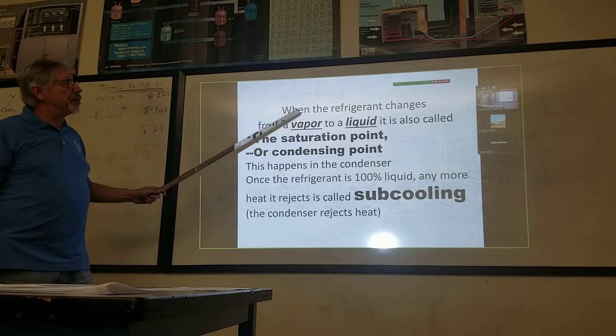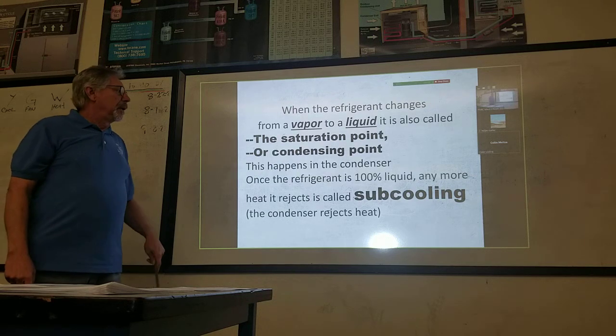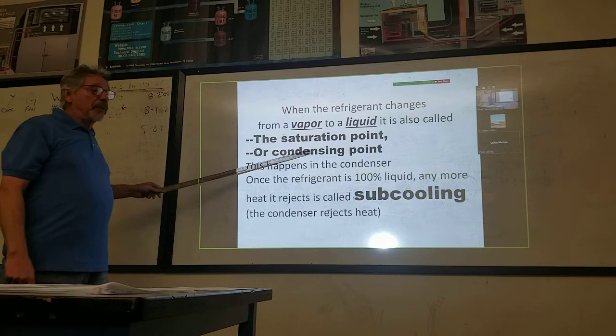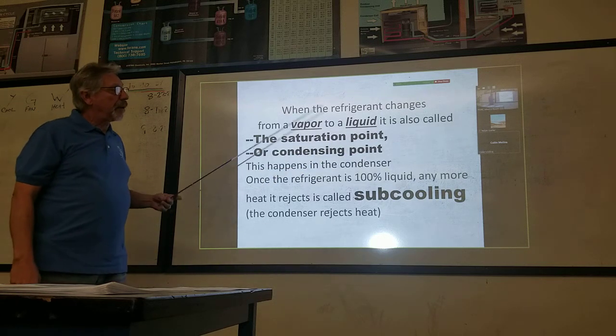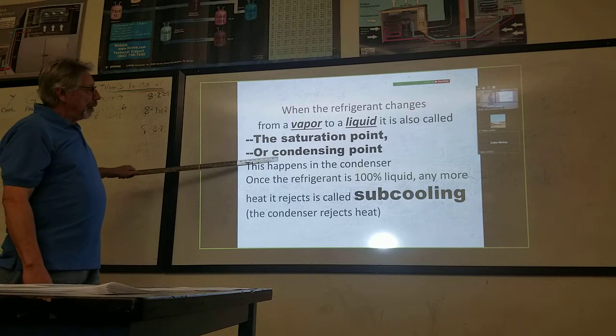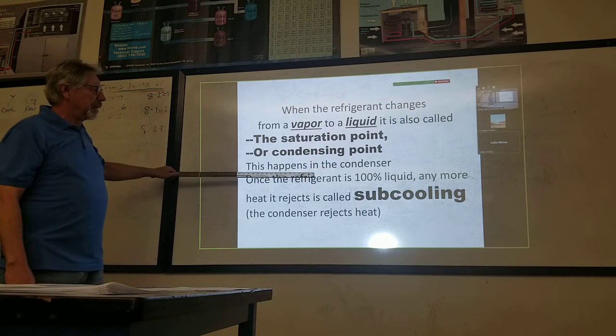Okay, when the refrigerant changes from a vapor to a liquid, it's also called the saturation point. That's going to correspond on your PT chart, or it's going to be called the condensing point because it's happening in the condenser.